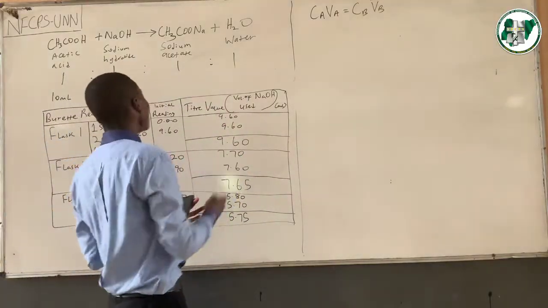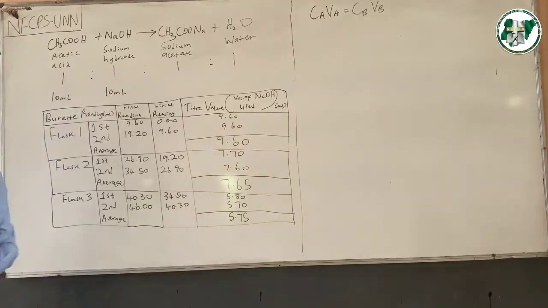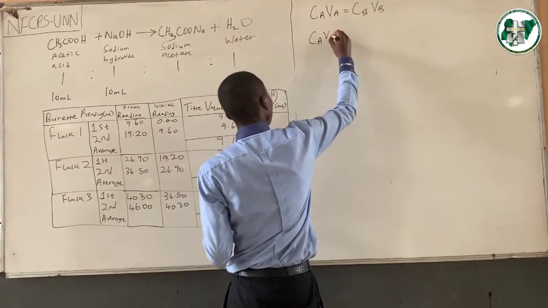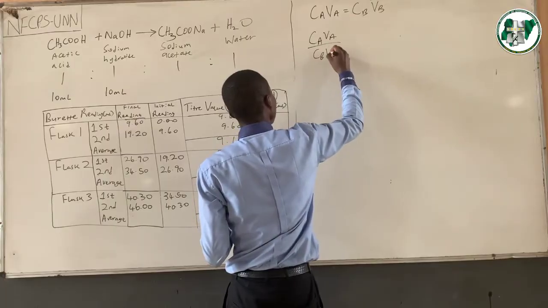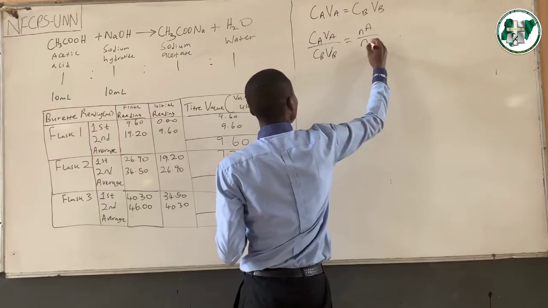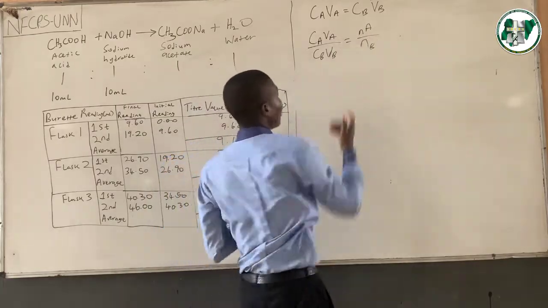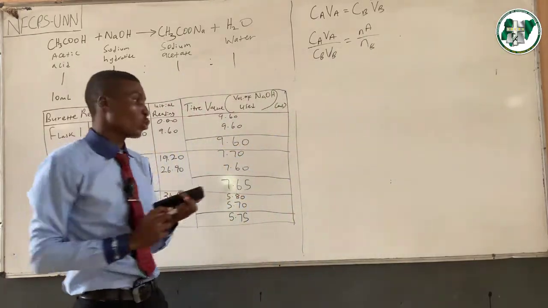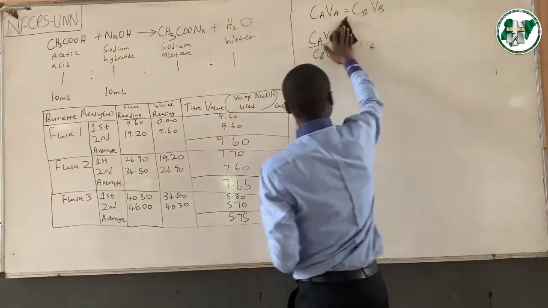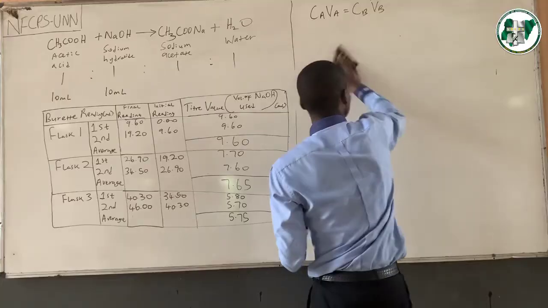The reason we use this is because the reaction is a 1:1 reaction, because the original equation is put in this form: CAVA over CBVB equals NA over NB. Since this is 1:1, we will not need to have this in place.